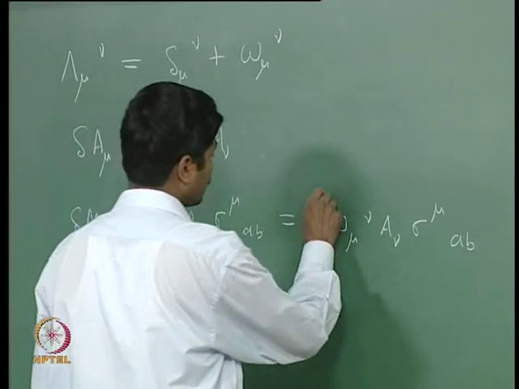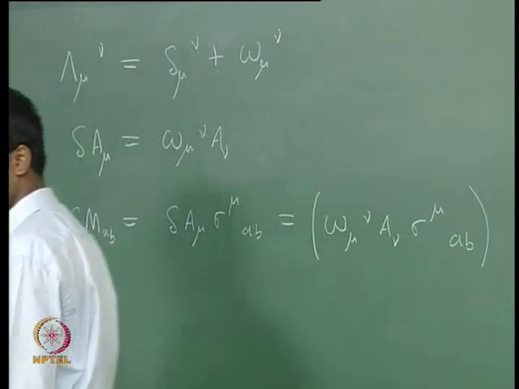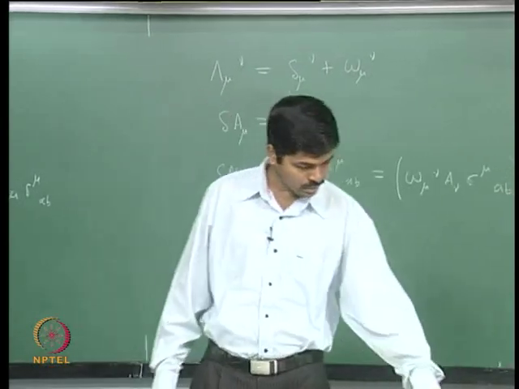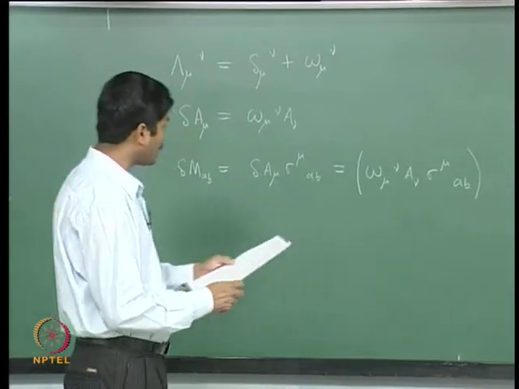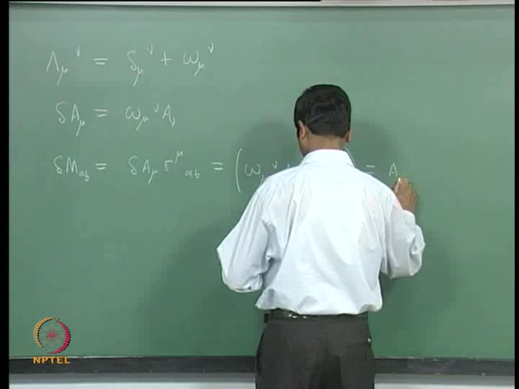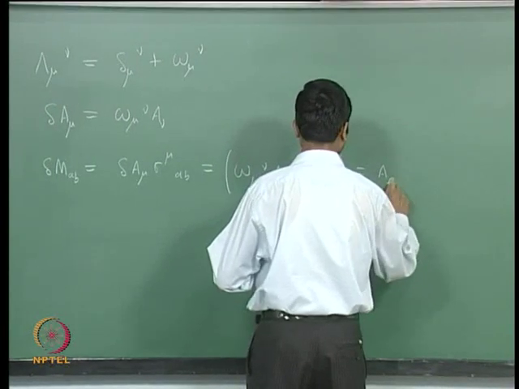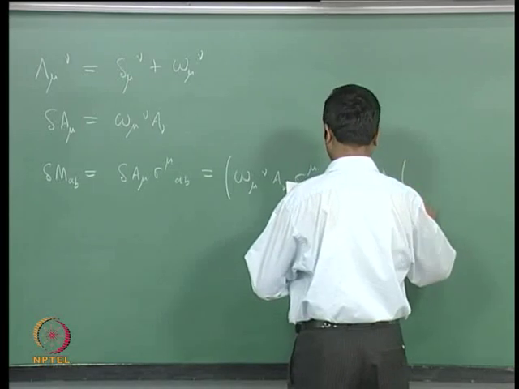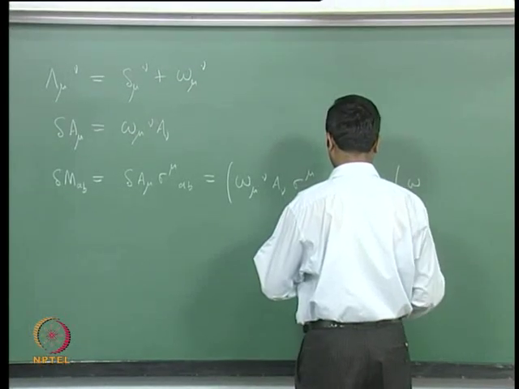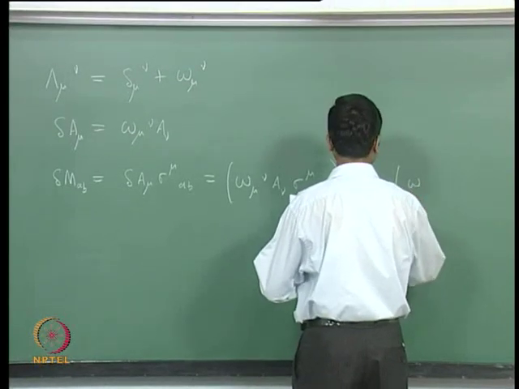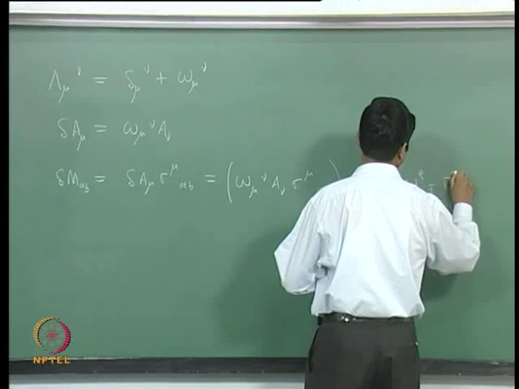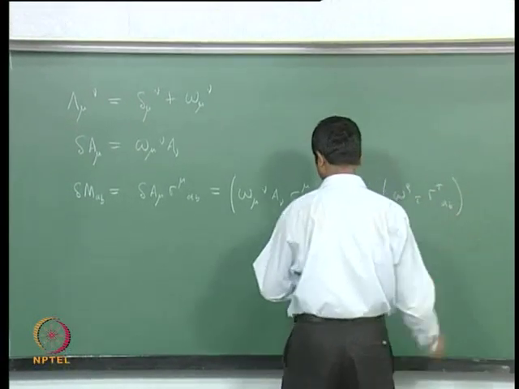So, this is the transformation rule, which is not very complicated of course, but what we will do is rewrite this transformation rule in a slightly different notation. What I claim is this quantity is nothing but A nu, or I will call it A rho, omega rho tau sigma tau of AB.